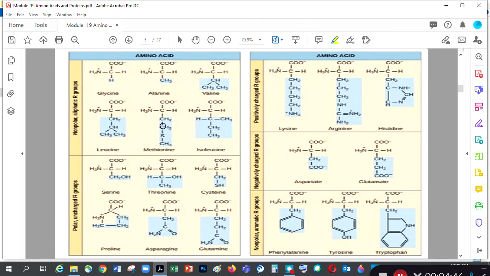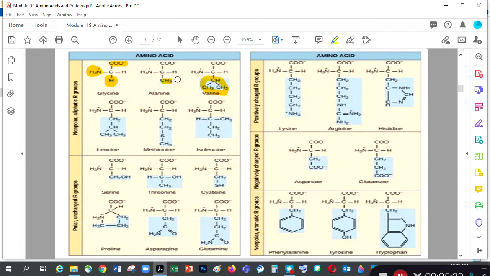And now this is very important. We can differentiate between different amino acids according to their side chain group. As I said, we won't touch the carboxylic acid or the amino group; we'll look at the chain connected to the alpha carbon. Now, we can have a non-polar aliphatic R group, such as hydrogen, a methyl group, or an isopropyl group.